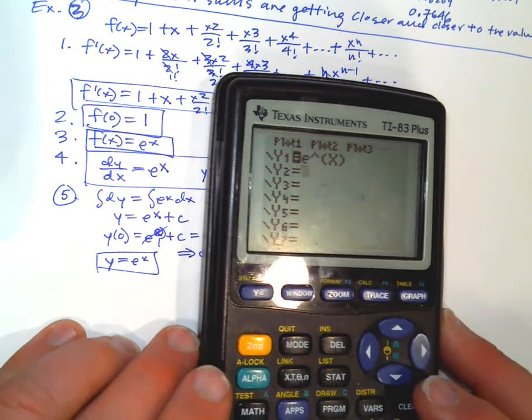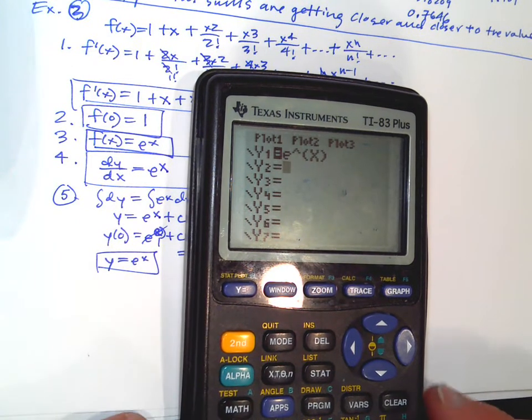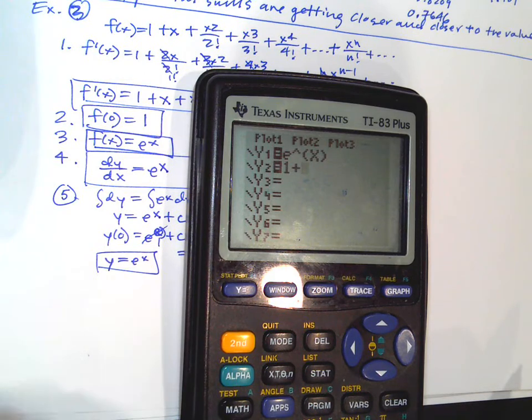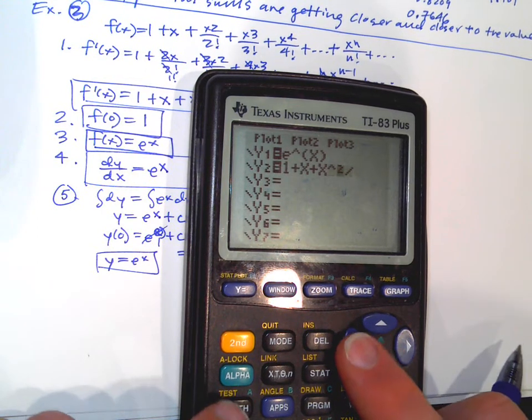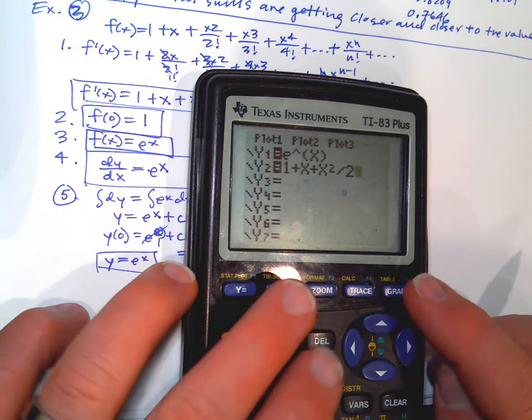And then the first 3 partial sums would be 1 plus x plus x squared over 2. That's the first 3 partial sums.